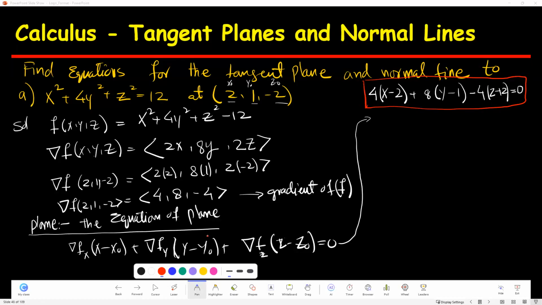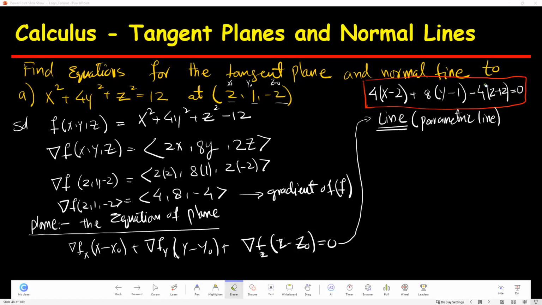I'm going to go to the second part of this problem, which is fairly quick. We already learned that a long time ago. We just need to reuse that strategy. And that is my line. Which line? Parametric line, or I would say the parametric equation.